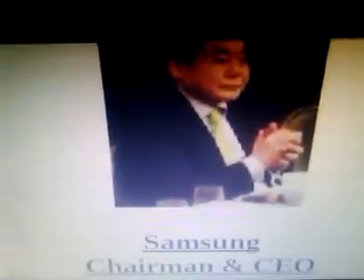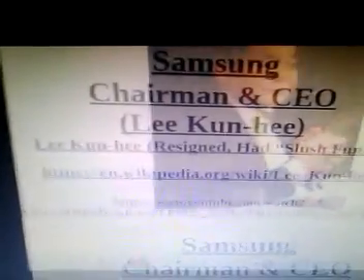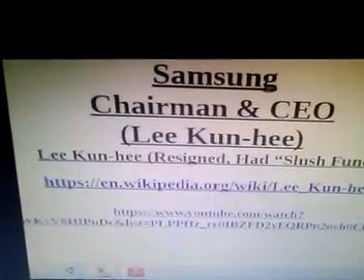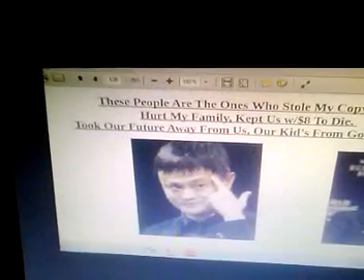This guy's the Samsung guy. What's his name? Samsung chairman. There he is. Lee Kun-hee, the Samsung chairman. This is the Alibaba chairman. This is the mastermind. There he is. Jack Ma.